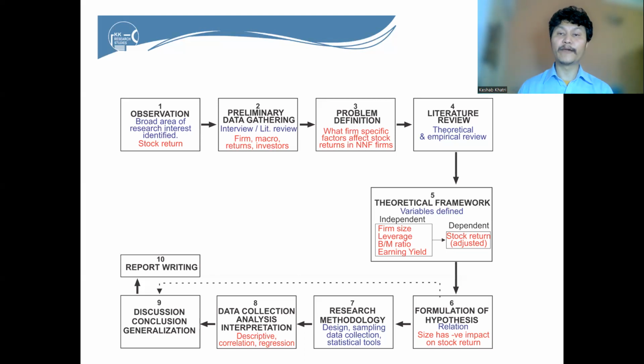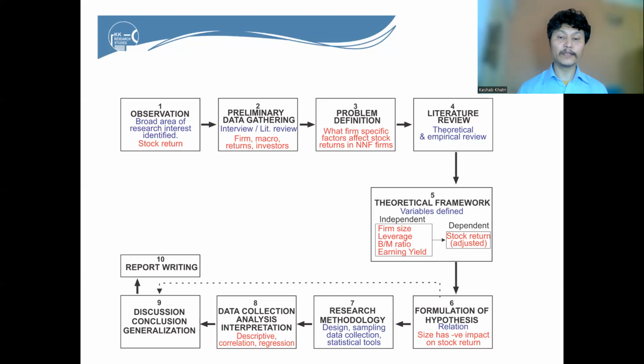This is one of the very important aspects of the research. Though we have kept it in the 4th step, the literature review comes right from the beginning, and it always helps the researcher with different ideas and different knowledge.